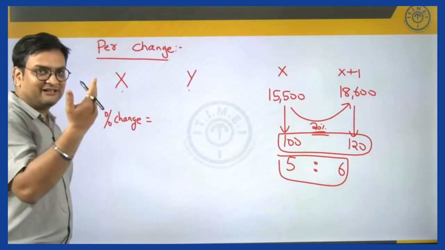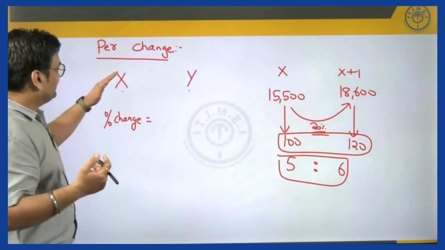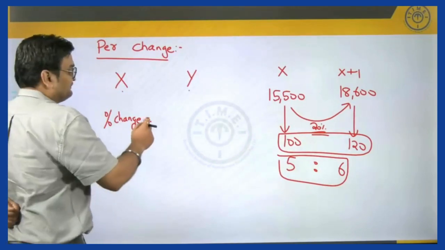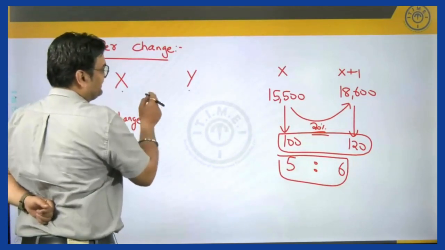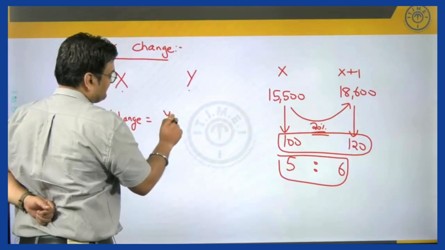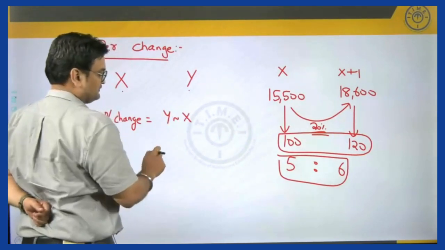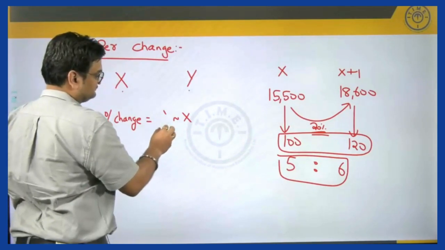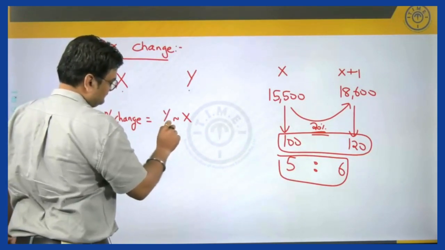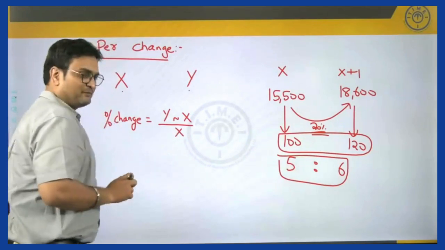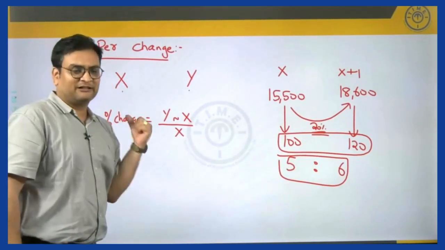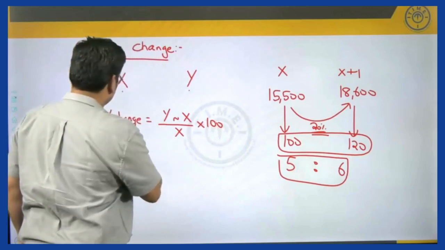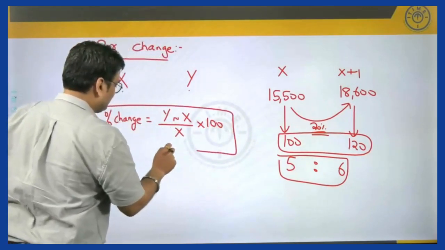When I say change, it could be an increase or a decrease, depending on whether the value is going up from X to Y or going down from X to Y. Percentage change will be given as the difference between these two upon the initial value. So always we divide by the initial value. Whatever comes first will come in the denominator, into 100. So this is how you calculate the percentage change.